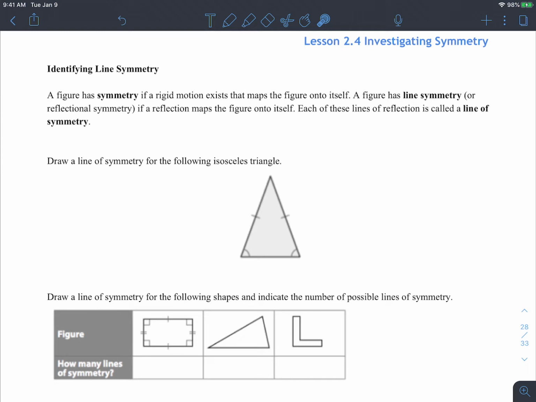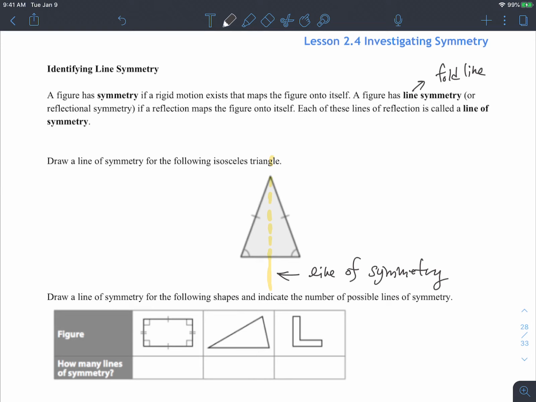So basically the easy way to think about it for me is like this. If you're folding paper, this would be like a fold line. So you ask yourself this question: in this particular shape, where can I fold so the points overlap? If you said this right here, yeah, I think so too. So that right there, I would call the line of symmetry.